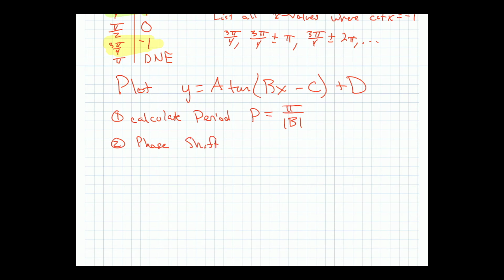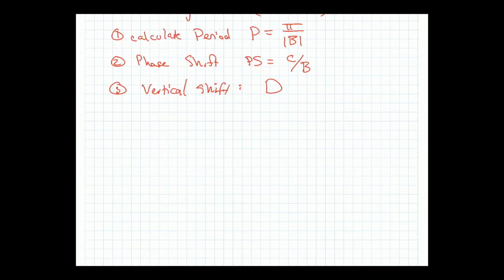The phase shift is still going to be, I'll say PS, and it's still C over B. That did not change. And now you've got your, it's not really called a midline anymore, but I'll call it a vertical shift. You can call it a midline if you want. And that's just going to be D, right? The A is not the amplitude, but we know where it shows up in the table.